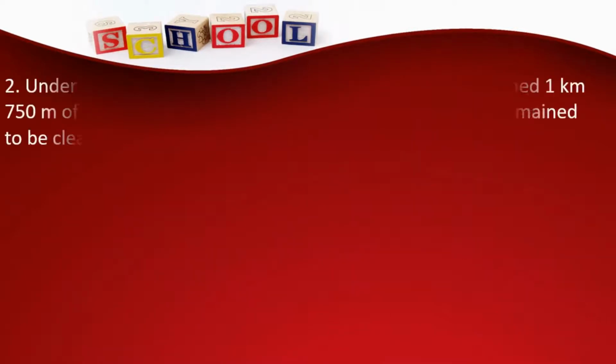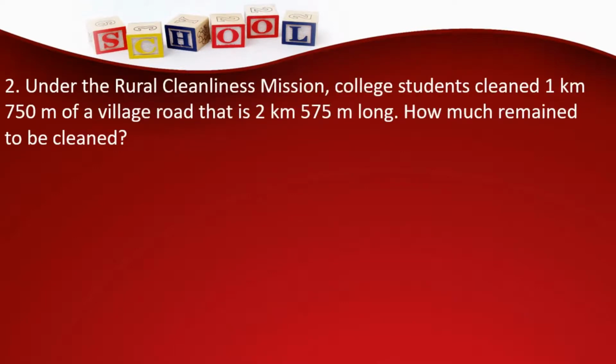Next question is, under the Rural Cleanliness Mission, college students cleaned 1 kilometer 750 meter of a village road, that is 2 kilometer 575 meter long. How much remained to be cleaned?